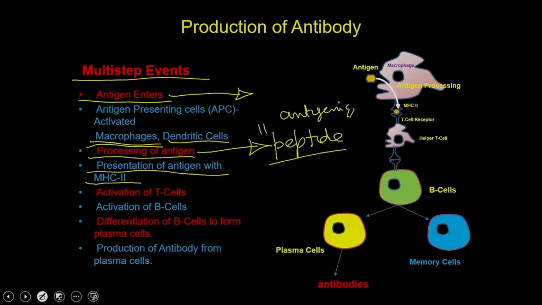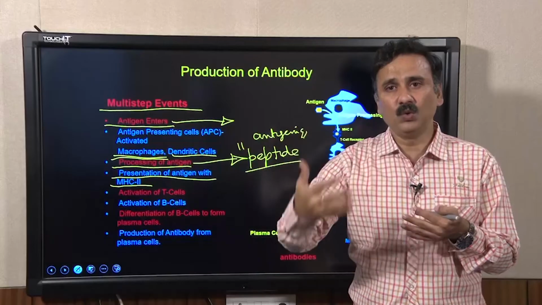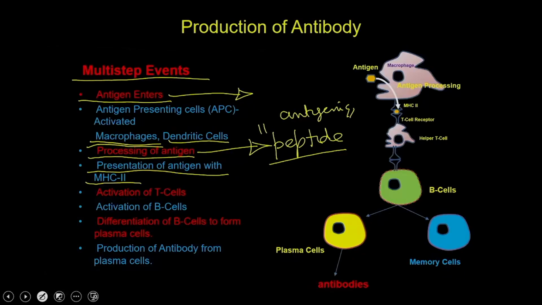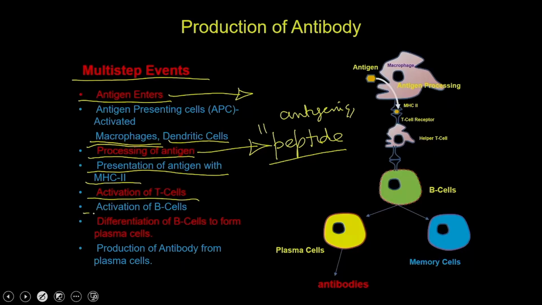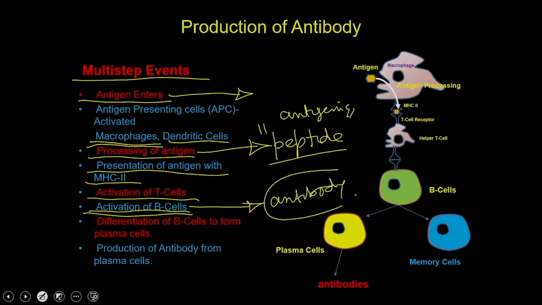Once they present these antigenic peptides with the MHC class 2, these are going to activate the T helper cells, and the T helper cells, in response to the antigen presented on the MHC class 2, are going to activate the downstream B cells, and once the B cells are activated, they start producing the antibody, which is going to further stimulate these actions.